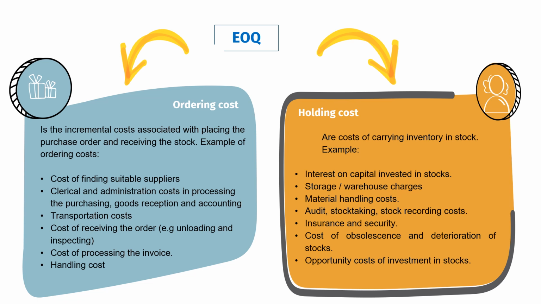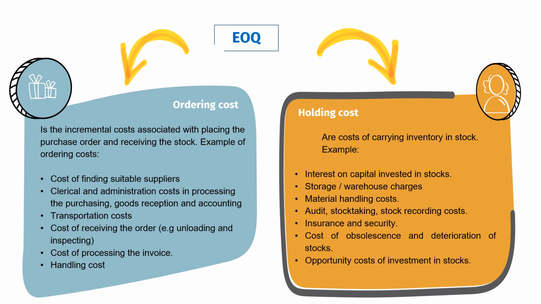So you have to identify it clearly, because later on when you want to calculate the EOQ, you have to ensure that the cost is captured in the calculation. The next one is the cost of inventory storage. These are the costs involved in carrying the stock. They are the costs associated with storing the inventories, such as the interest on capital invested in stock.